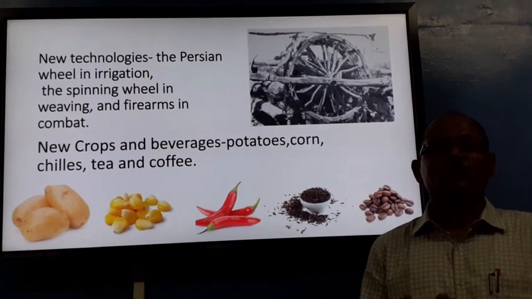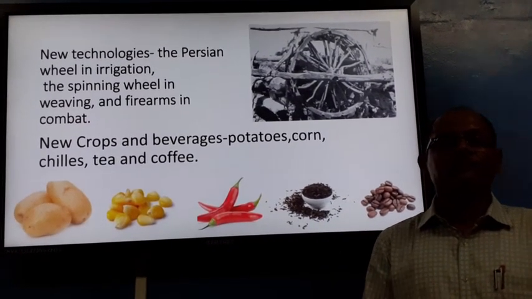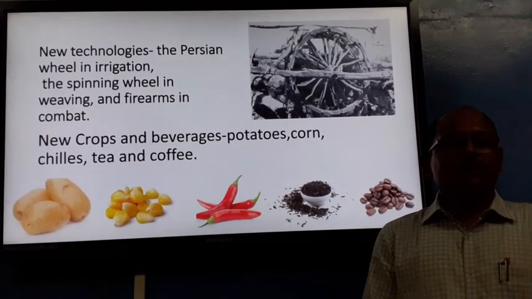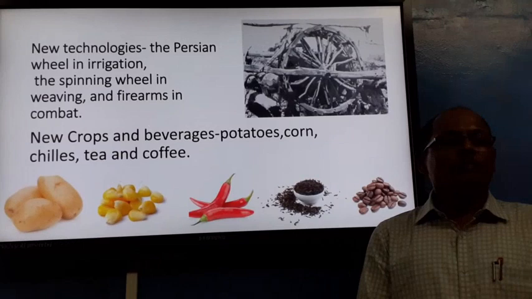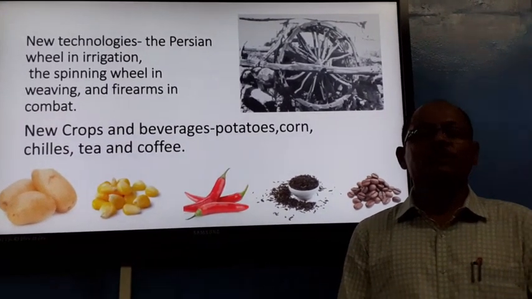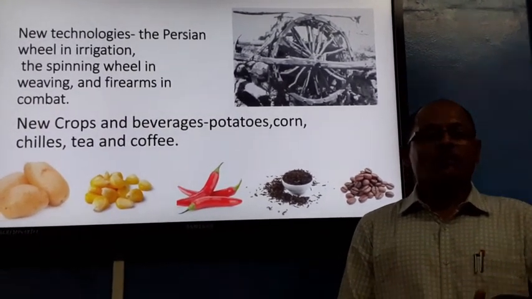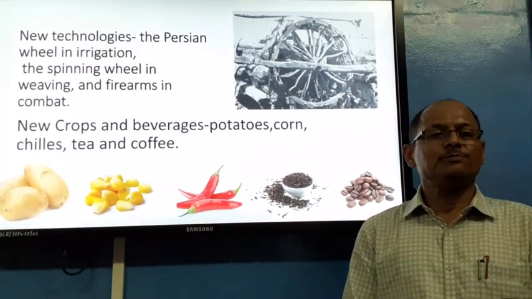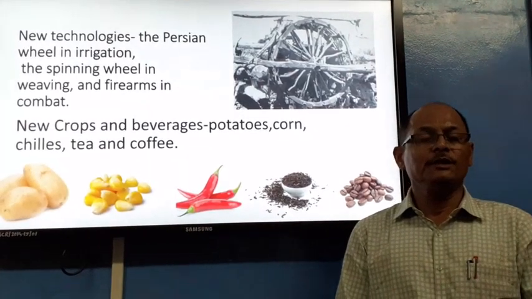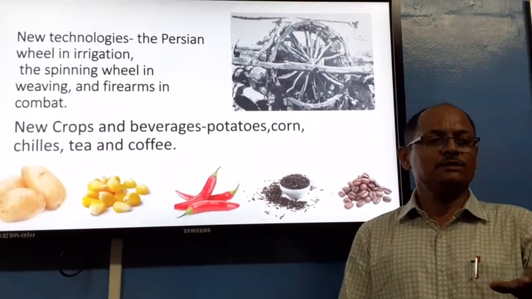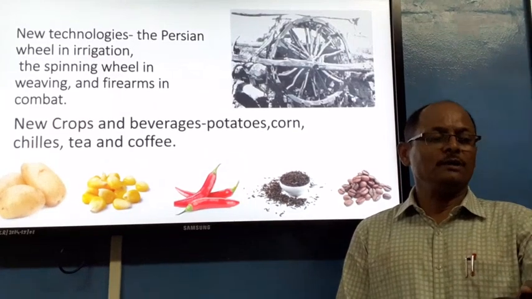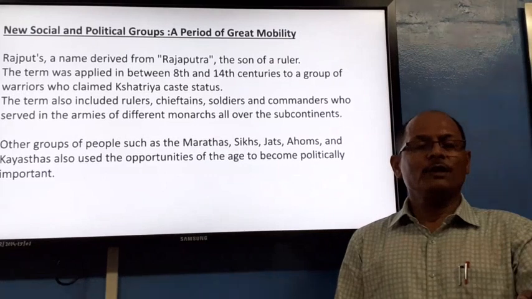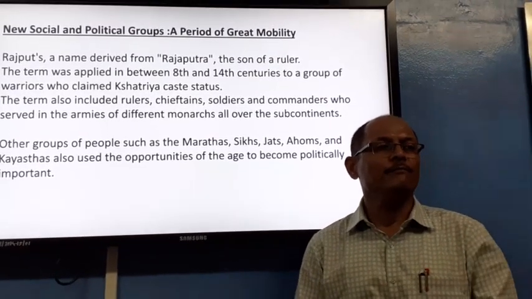The wheel was improved and made into the spinning wheel in weaving and the Persian wheel in irrigation to irrigate the crops. We have new crops and beverages. New crops such as potatoes, corn, chilies, and beverages such as tea and coffee. So you are still enjoying these.